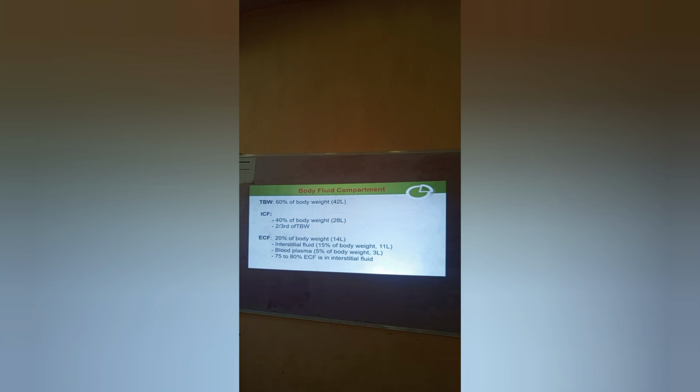The total body fluid is about 42 liters and it takes 60% of the body weight. The total body water is divided into the intracellular fluid and extracellular fluid. The intracellular fluid makes 40% of the body weight, about 28 liters, and is two-thirds of the total body water.